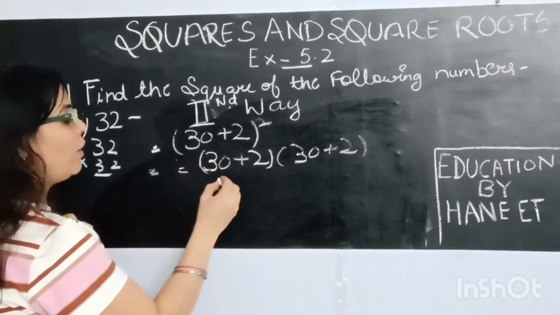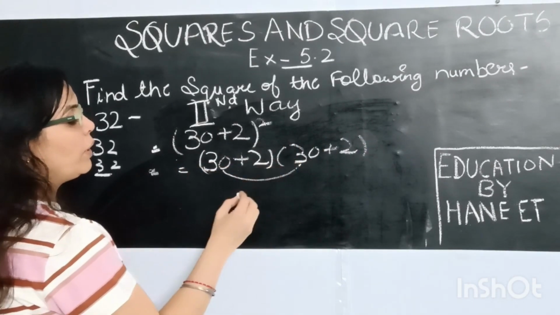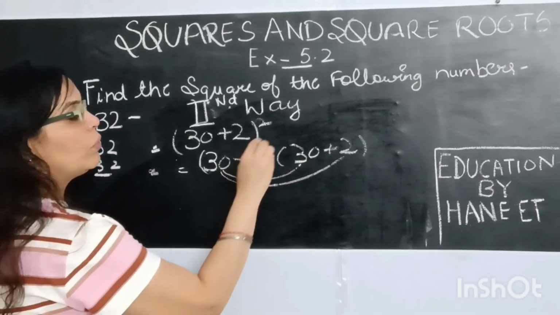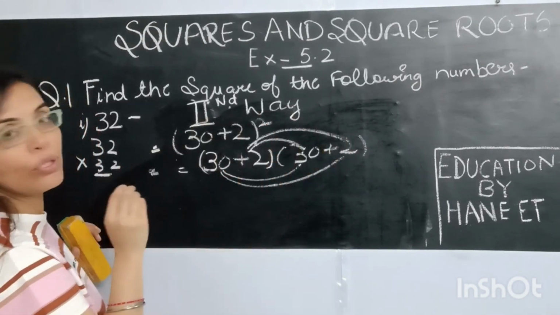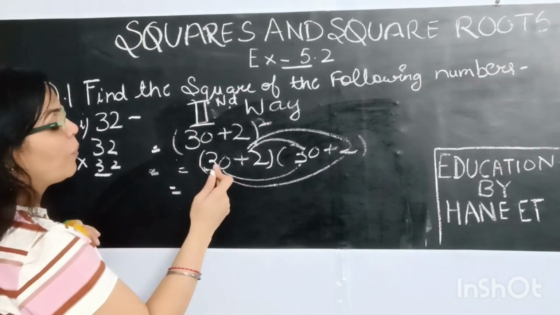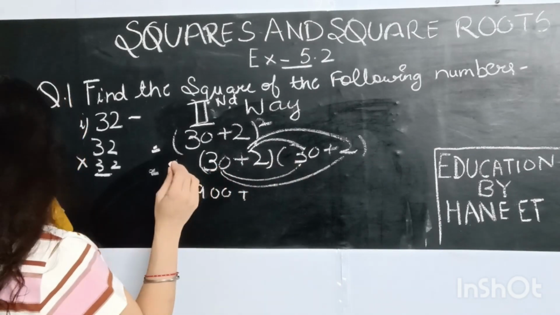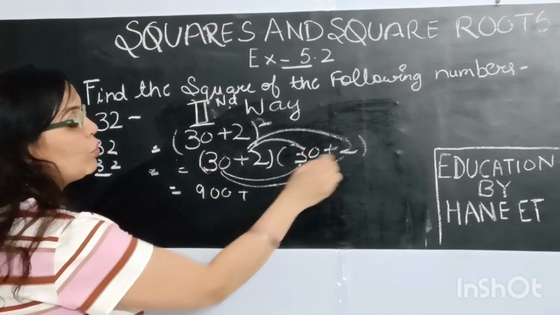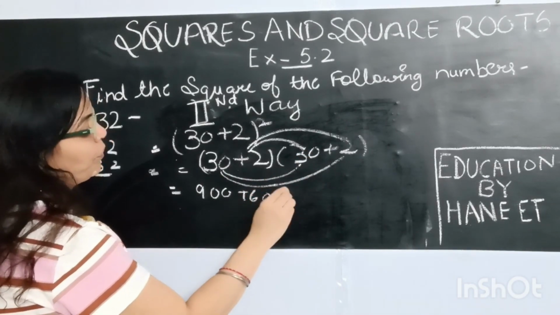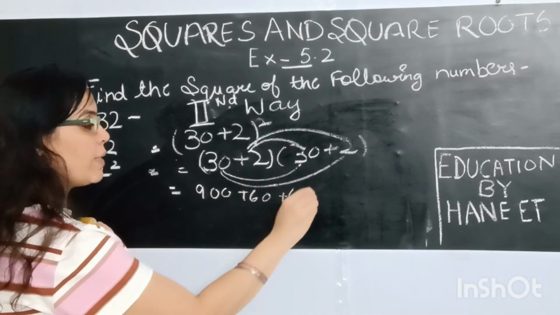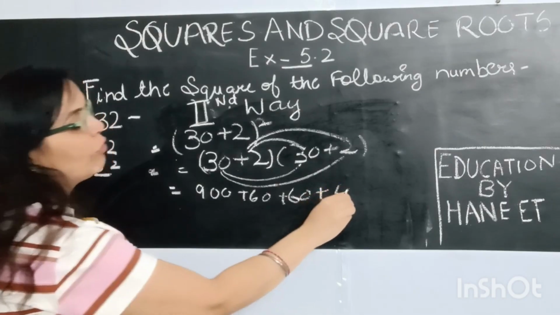Now we will multiply it this way. We will multiply 30 by 30, then 30 by 2, then 2 by 30 and 2 by 2. Okay, so let's start. 30 into 30 will be 900. Sorry. 30 into 2 will be 60. Then 2 into 30 will be 60. Then 2 2s are 4. Right?